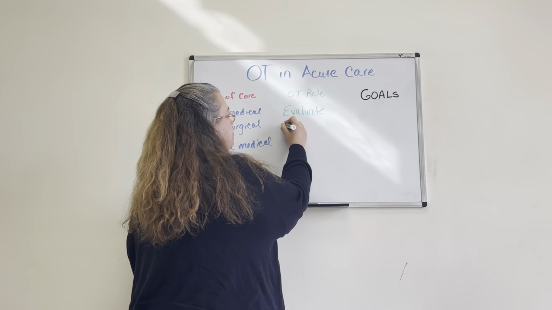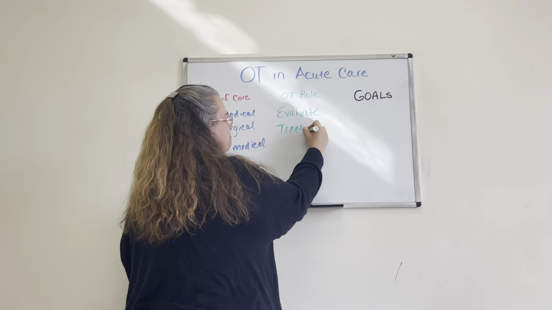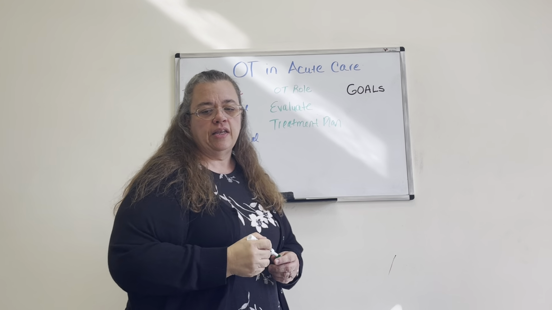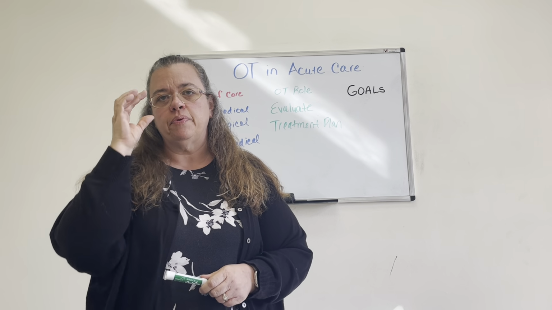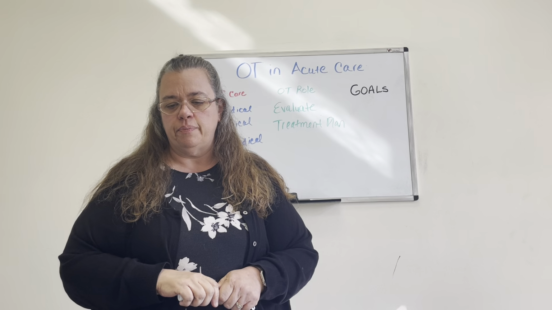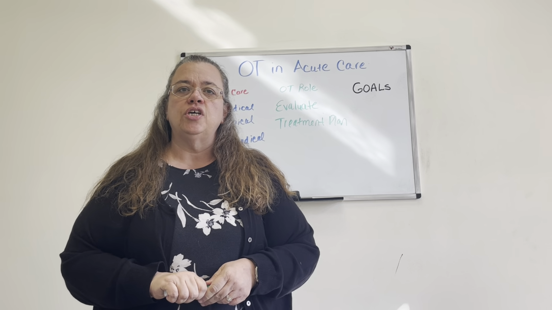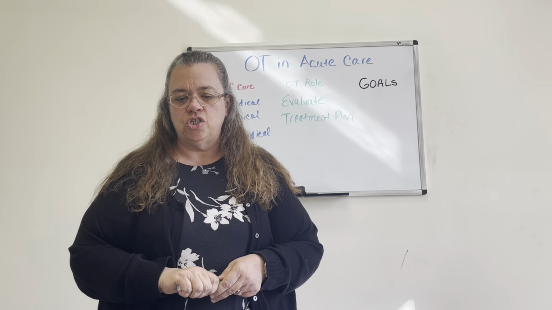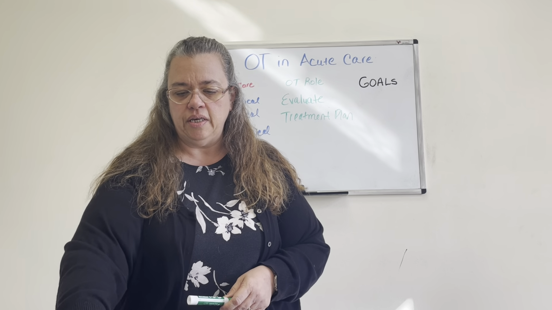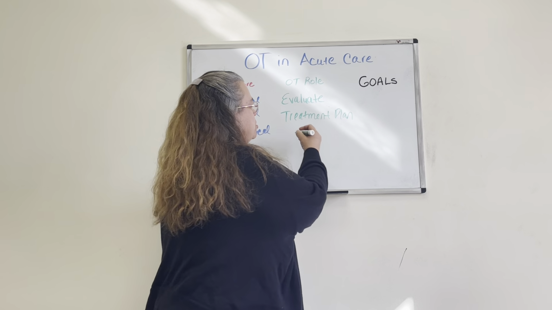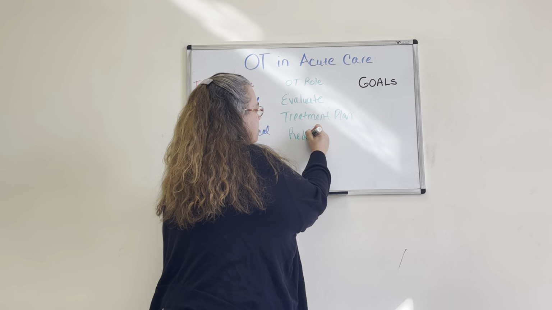And then we have the treatment plan. And if there's COTAs working, then the treatment plan will help them determine which goals they'll work on while the patient is there. Acute care is generally a short stay. You could evaluate someone today and they could be discharged tomorrow. So you want to keep that in mind. And we want to reduce the risk of further decline.